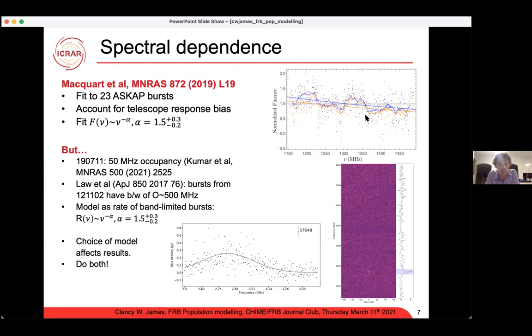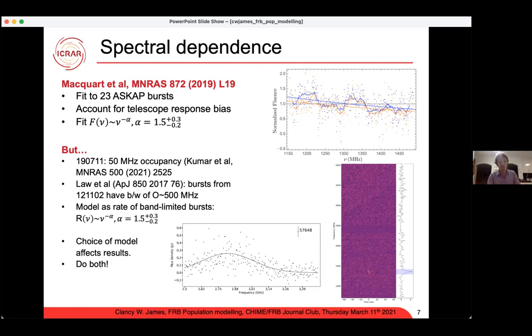Now, the trick is, of course, that if you say FRBs have some spectral dependence, that applies if they're an intrinsically broadband thing, right? If they're intrinsically broadband, wide bursts, okay, sure, they might have some random modulation on top that we don't understand that might come from weird source physics or might come sometimes from scintillation.